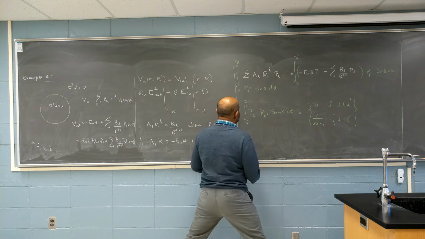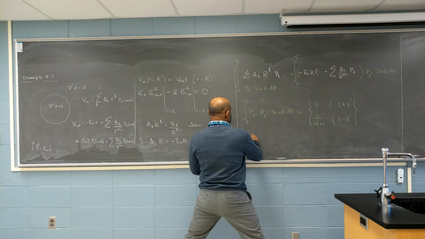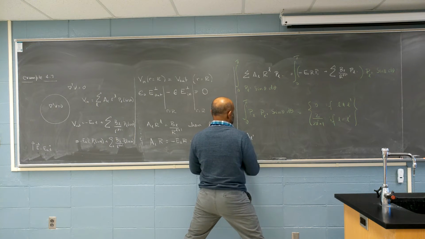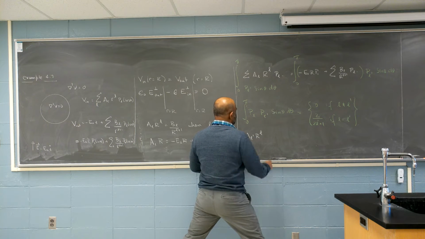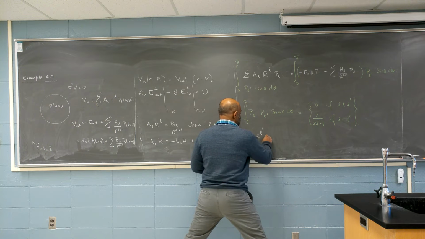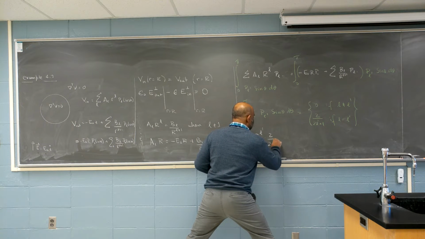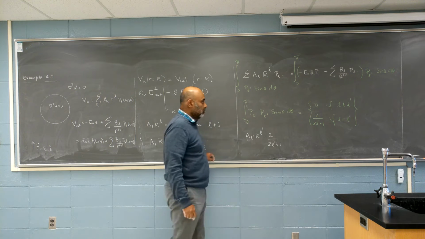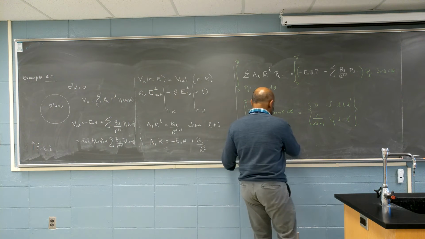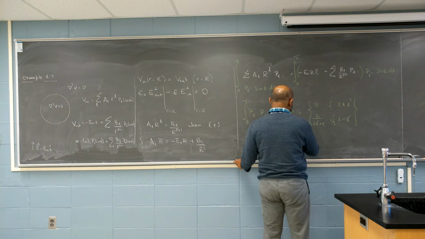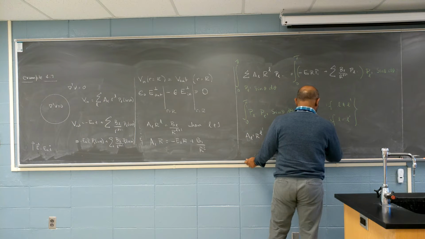I'm going to get AL prime R to the L prime times 2 over 2L prime plus 1. Yeah? Over here, I'm going to get minus E0 R times 2 over 2L prime plus 1.